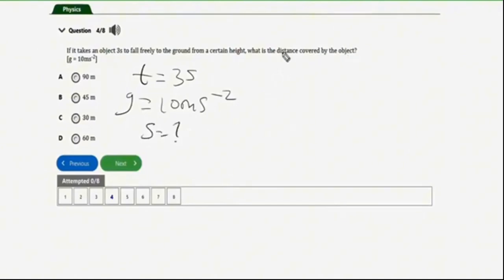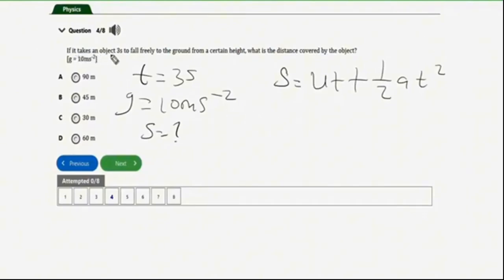So we are going to apply this equation of motion, which is x, standing for the distance, equals ut plus half at square. Okay, so that's the equation of motion we're going to apply. Now we are dealing with gravity. Let's look at the question again.